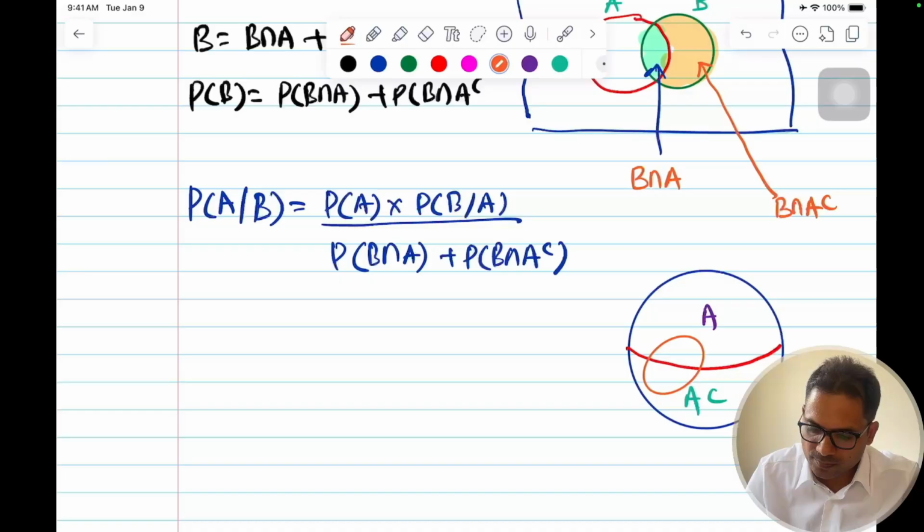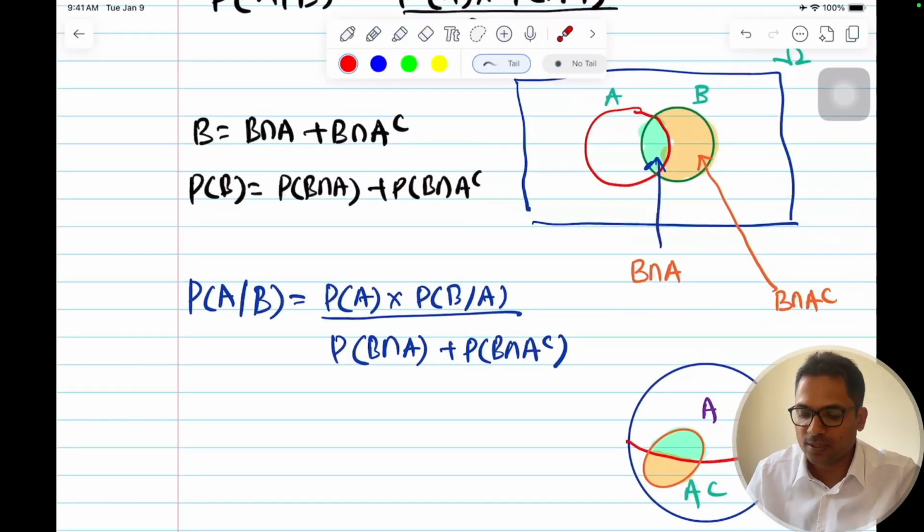This upper part is B intersection A and the lower part is B intersection A complement. So it's just a redraw of the same thing.